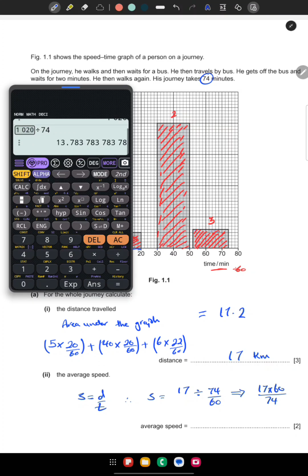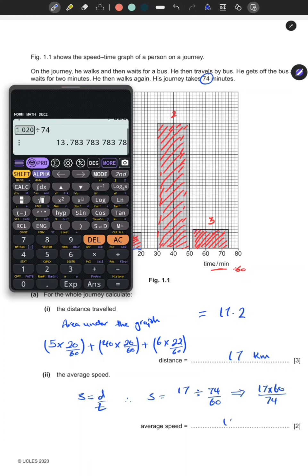So it's equal to 13.7, which is approximately 14 kilometers per hour.